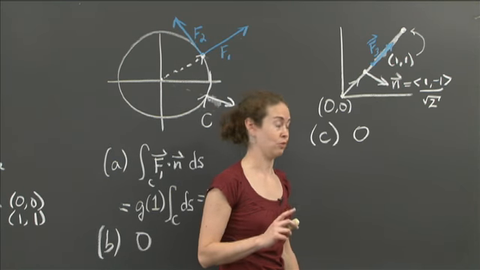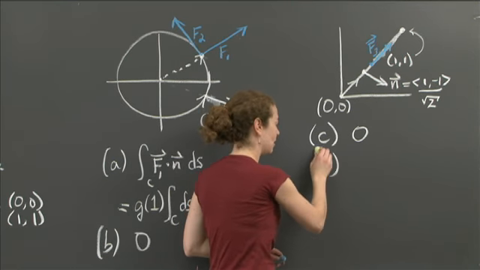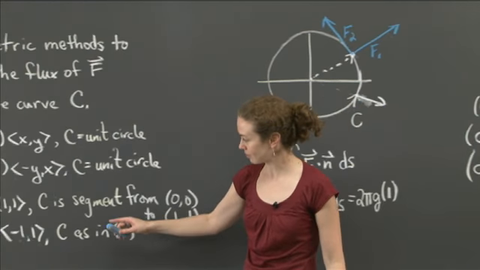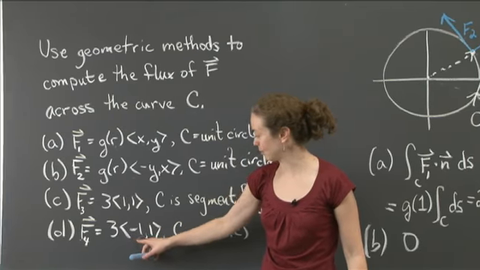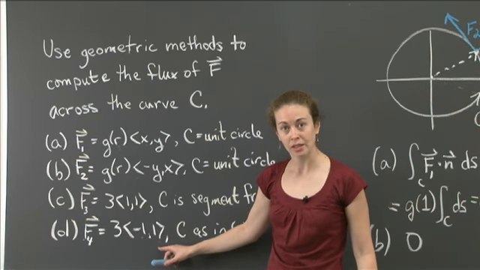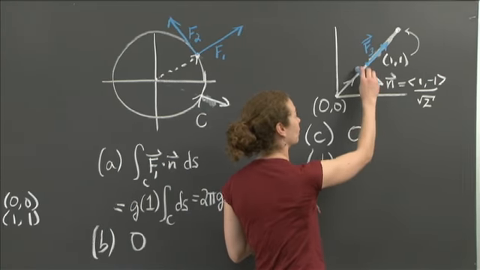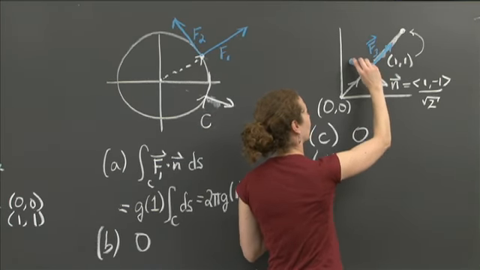So now I have one more to do, and that one is part D. In this case, F sub 4, let me just remind you, is 3 times the vector (-1, 1). And so if we go back to our picture, F sub 4, if I compare it to the normal, is very long.